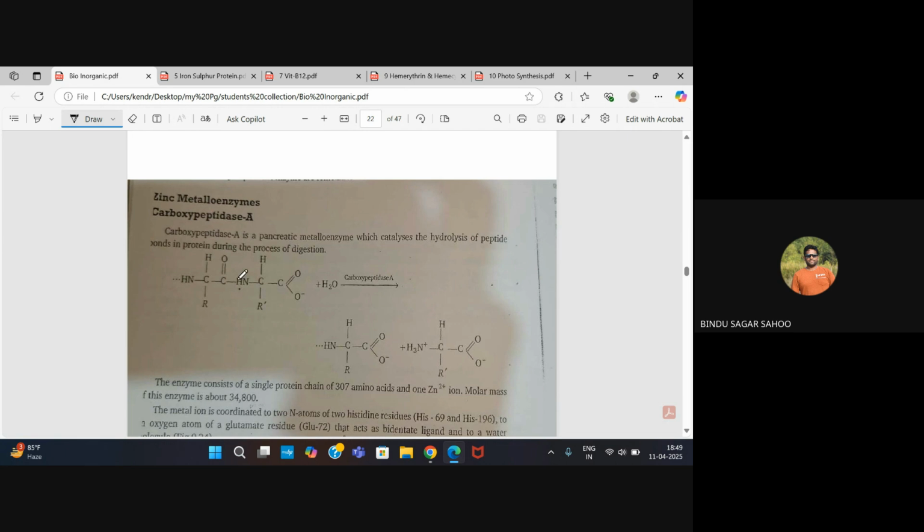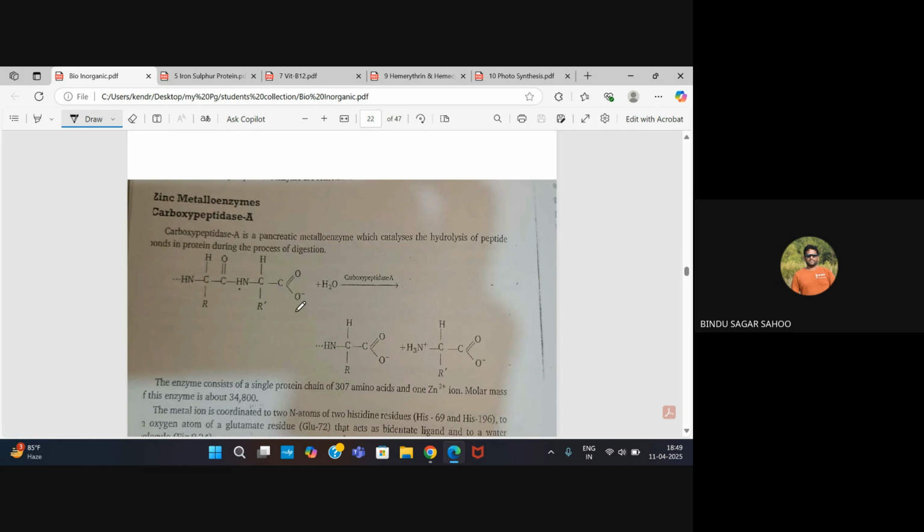You can see here, this is a structure of an amino acid, and these types of bonds are called peptide bonds, CONH. That means through this peptide bond, one amino acid is connected to another amino acid. Here this amino acid starts with NH2, that means it is called the N terminal site. And the last one is COO-.